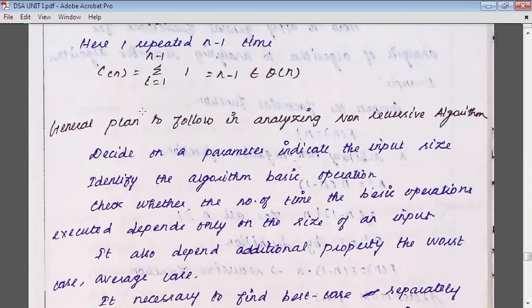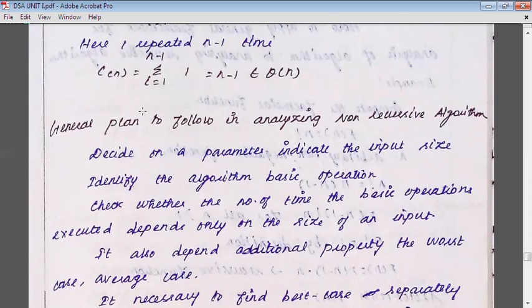How do we identify the algorithm's basic operation? The basic operation must be present in the inner for loop, so that operation is executed the most number of times. That is the basic operation. I already discussed this in the previous classes. Check whether the number of times the basic operation is executed depends only on the size of the input.